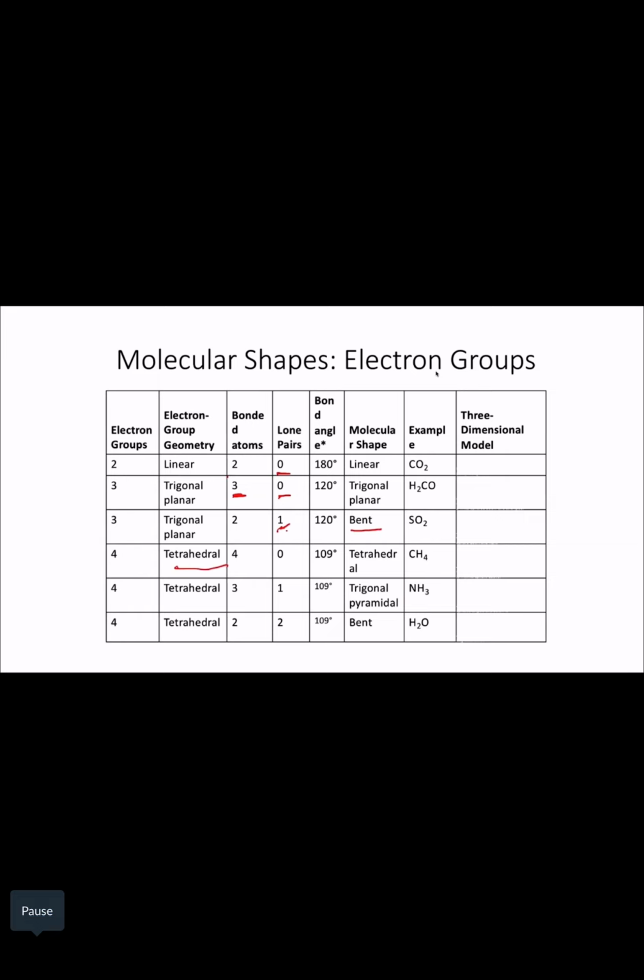Tetrahedral is going to be tetrahedral for electron shape and molecular shape because they have 0 lone pairs. Tetrahedral, when you have 3 bonded atoms and 1 lone pair, then we switch the molecular shape to trigonal pyramidal. Tetrahedral again, the electron group geometry is tetrahedral for water, but it has 2 bonds and 2 lone pairs, so it's going to switch to a bent molecular shape.